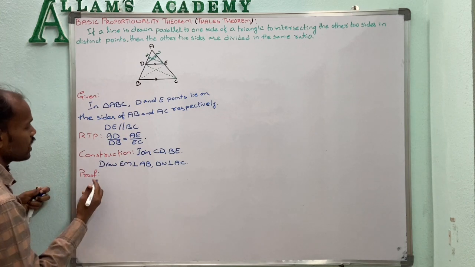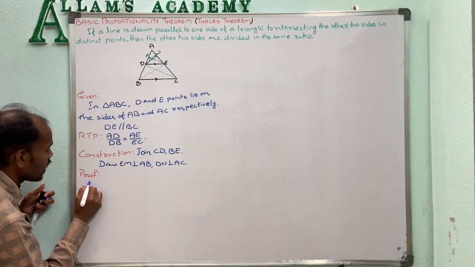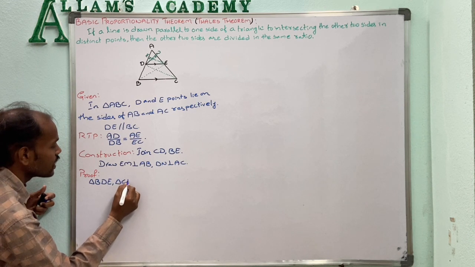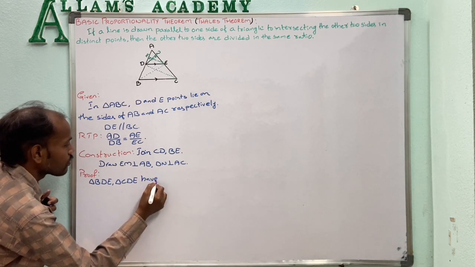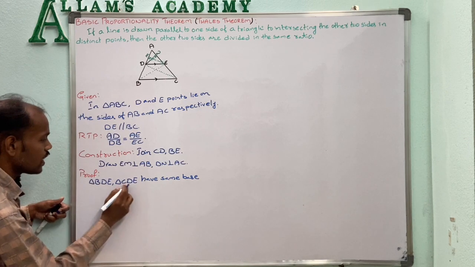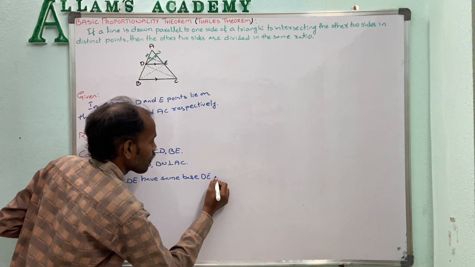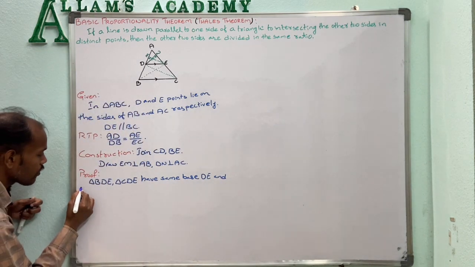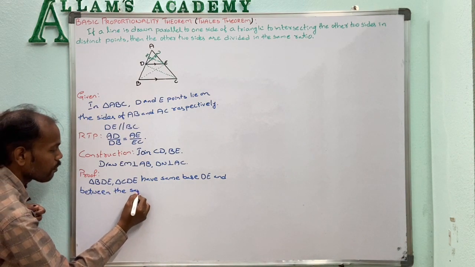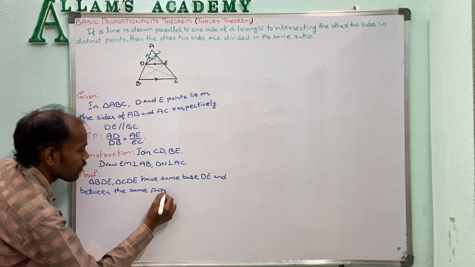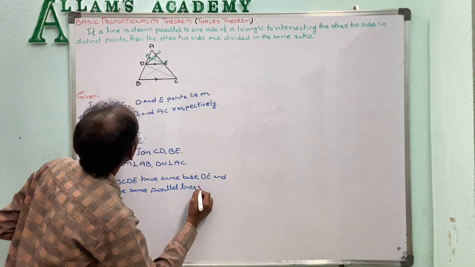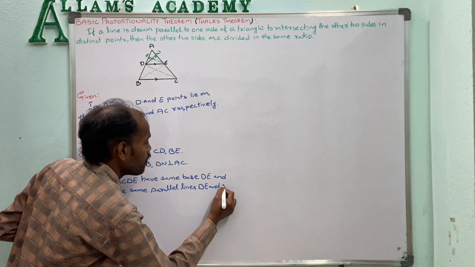Now we write that step first. The triangles BDE and CDE have the same base DE and lie between the same parallel lines DE and BC.